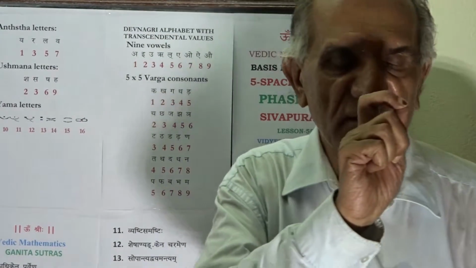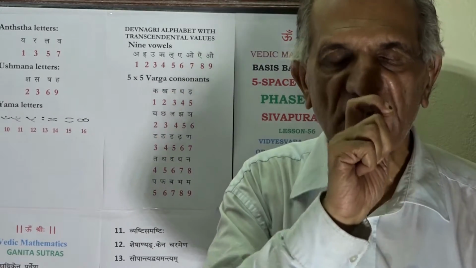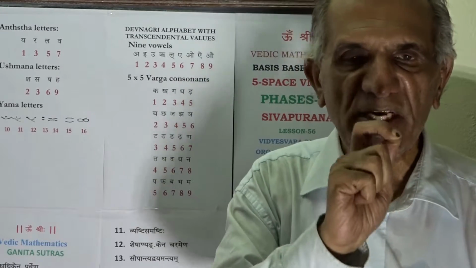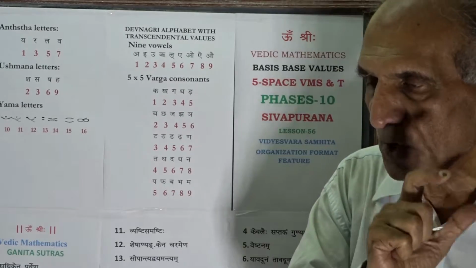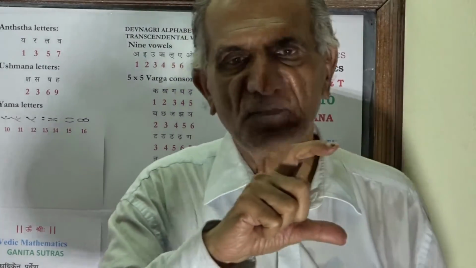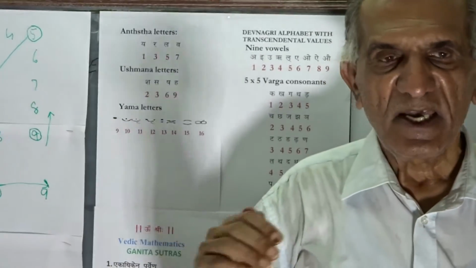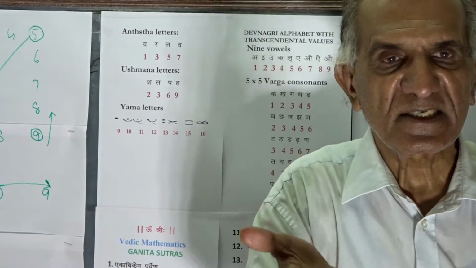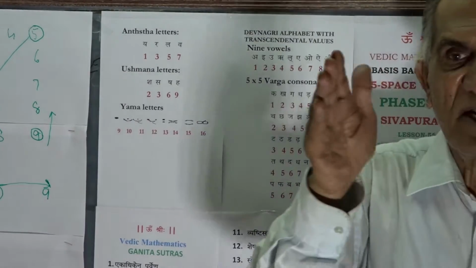So let us make a specific note that we have to sit comfortably and permit the transcending mind to reach on first principles step by step as to how the organization format feature of Videshwar Samhita of 25 chapters range is flowing from within the Mangalacharan itself.